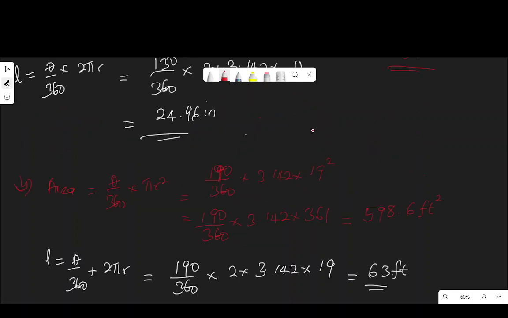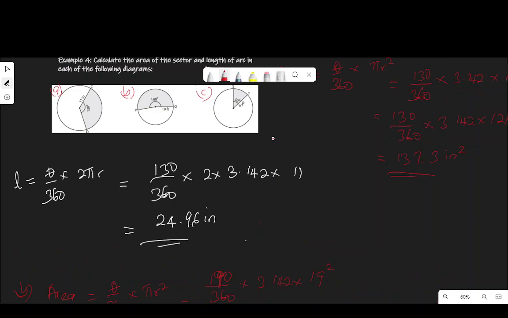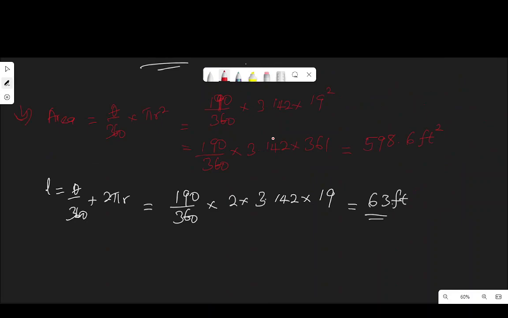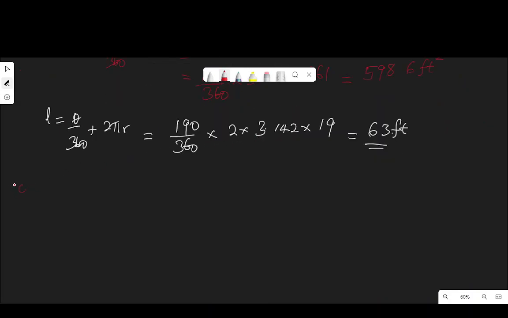And lastly, question C. The radius there is 6 yards. The angle is 50. Let's do it here. Area of sector is theta over 360 times pi r squared.